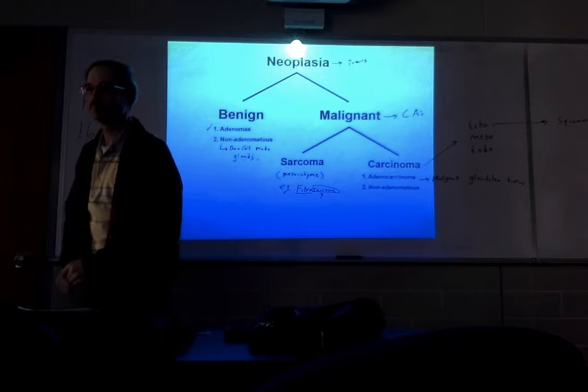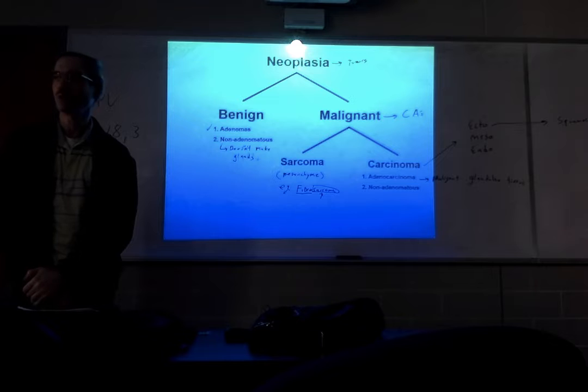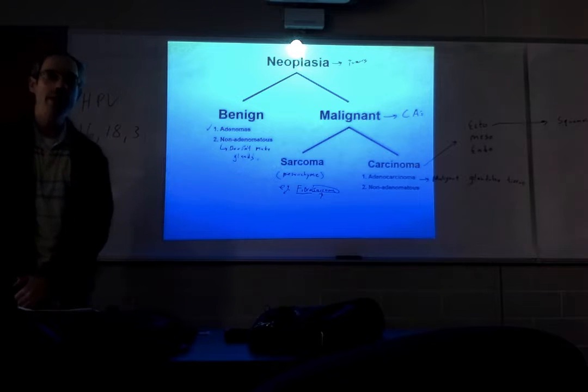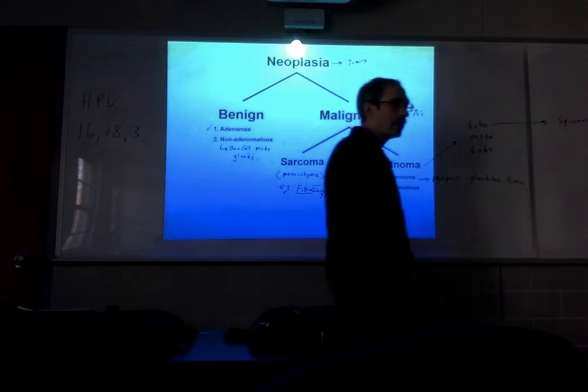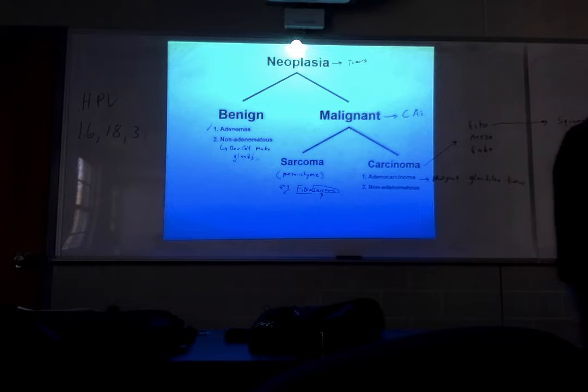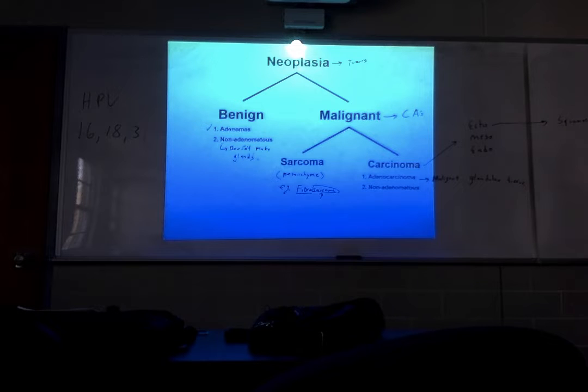Endometrium. Endometrium, the inner layer of the uterus, is lined with glands. When the endometrial tissue becomes malignant, it makes glands as it grows. We call that an endometrial adenocarcinoma. Here's an example.